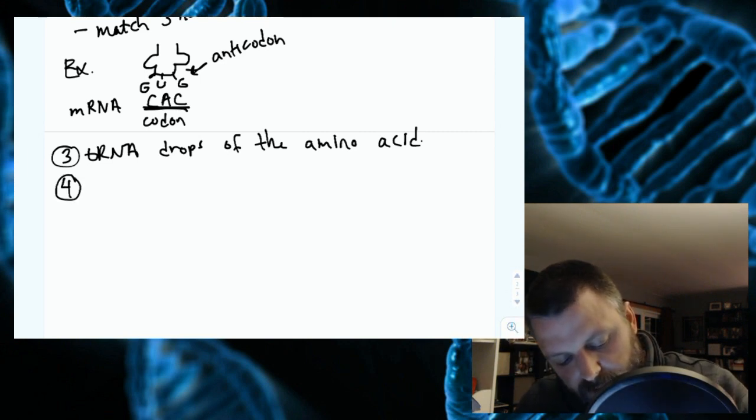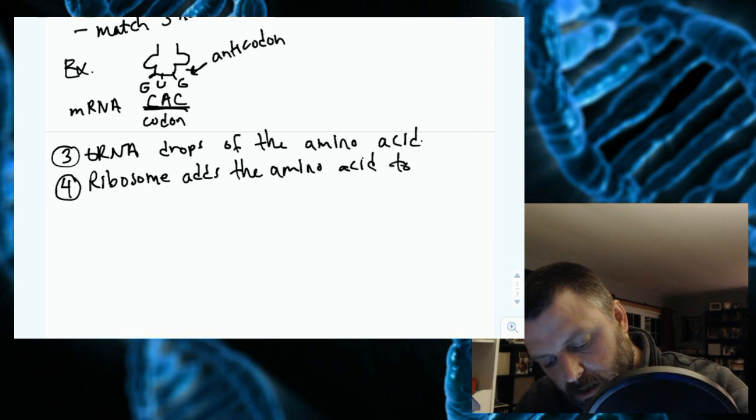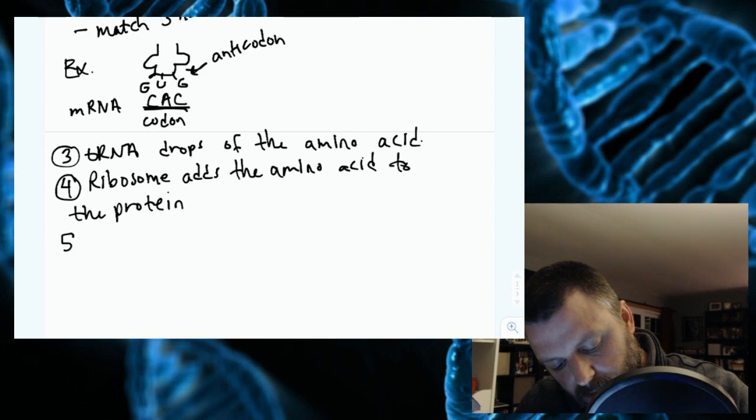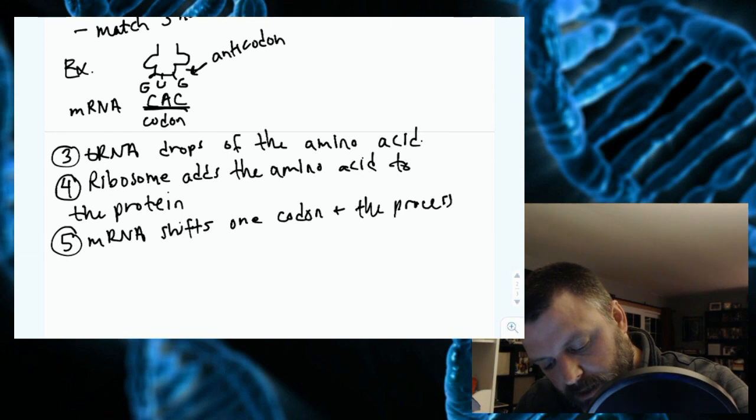And then what happens is the ribosome adds the amino acid to the protein. And then number 5 is the mRNA shifts 1 codon, and the process repeats.